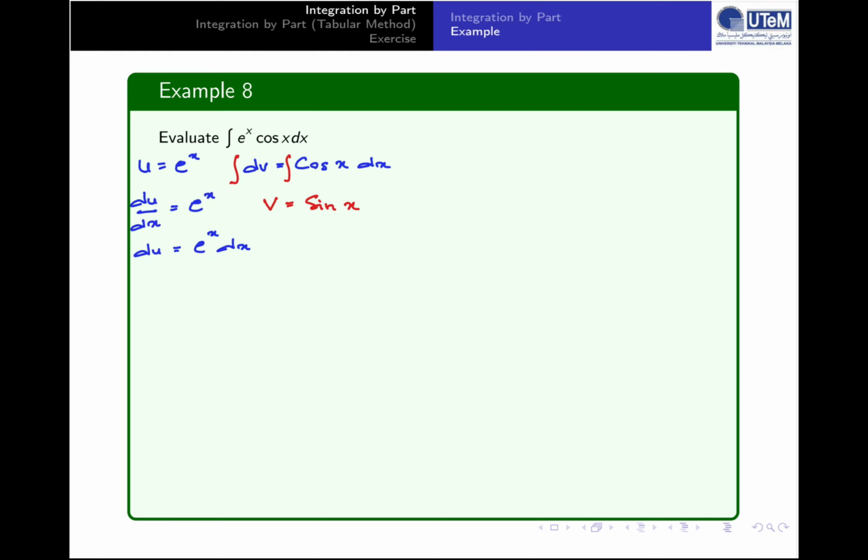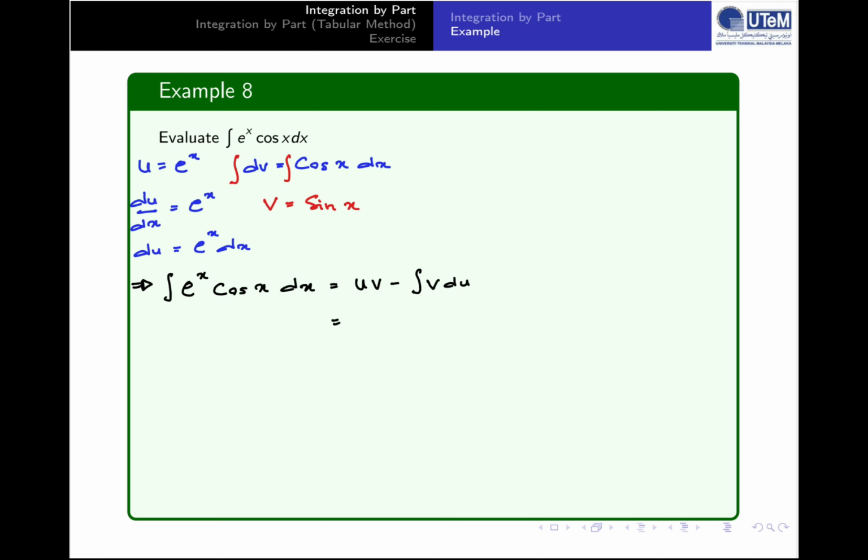Now we can put in the formula, which is the integration of e^x cos x dx equal to uv minus the integration of v du.